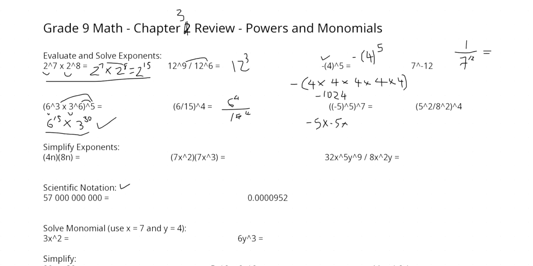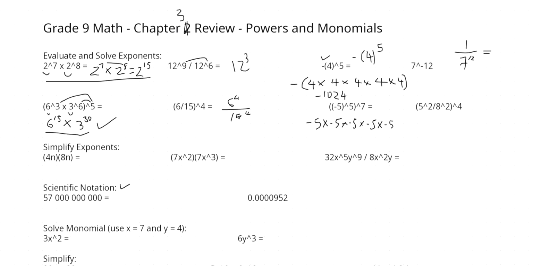And then times -5. And what we just said stands true when there's a negative inside the bracket. The power on the outside determines the sign. Because we have an odd number, which is 5, it determines that the answer must be in a negative format.